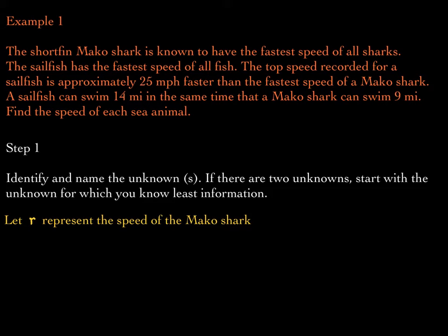So step number 1 is identify and name the unknown, or unknowns if there's more than one. If there are two unknowns, start with the unknown for which you know least information. Because we know least information about the mako, that's where we'll start. I'm going to choose R to represent the speed of the mako shark. If this is how fast the mako shark is swimming, then the sailfish is 25 miles per hour faster than that.